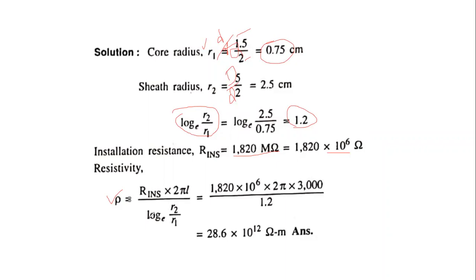Then substitute all the values in this formula and we obtain the specific resistance rho, that is 28.6 into 10 power 12 ohm meter. This is the specific resistance of a cable, rho.